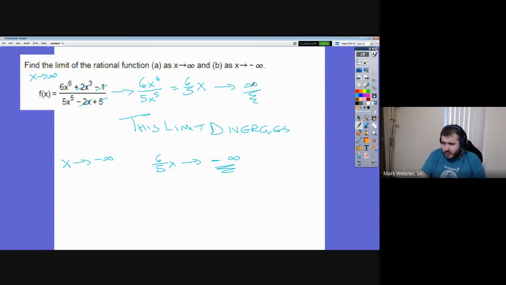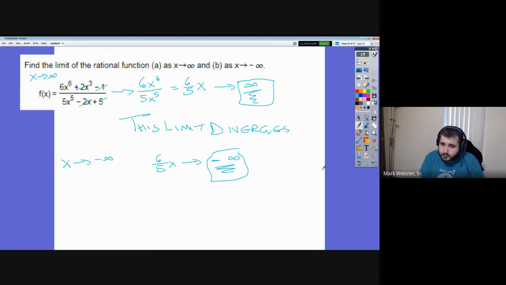Infinity is a concept. We don't ever actually get there. So one of the things to note on your homework is the answer you're going to give. What is the value of this limit? Infinity, negative infinity. You'll actually type that in. There'll be a little button you can click on for the infinity symbol.